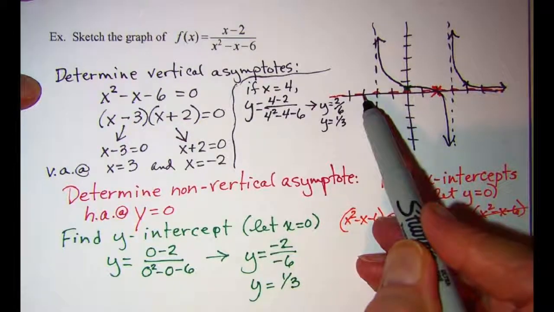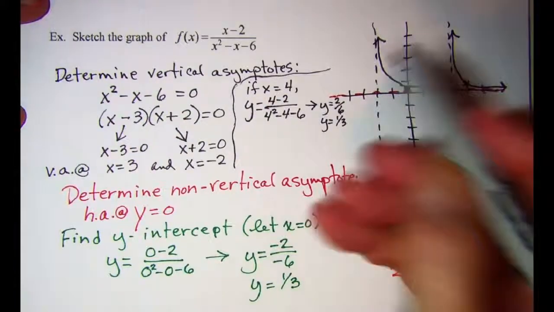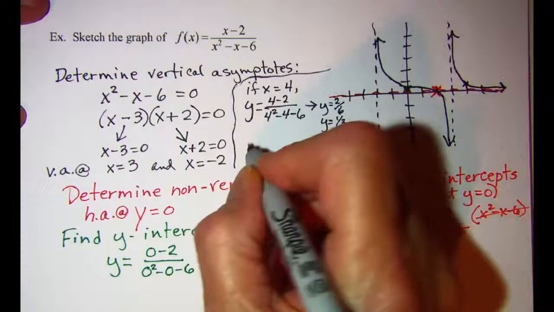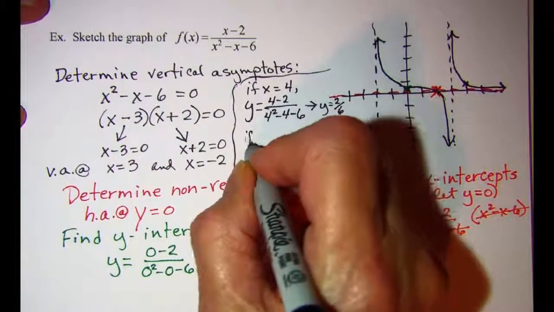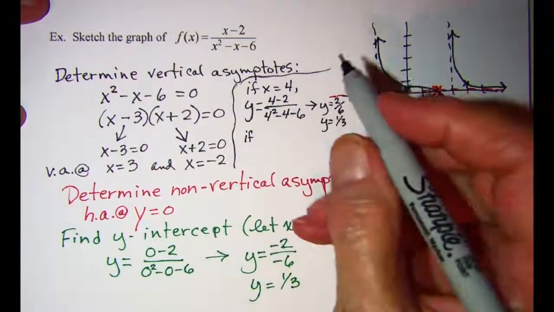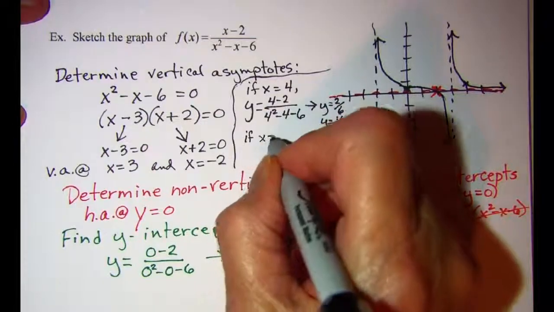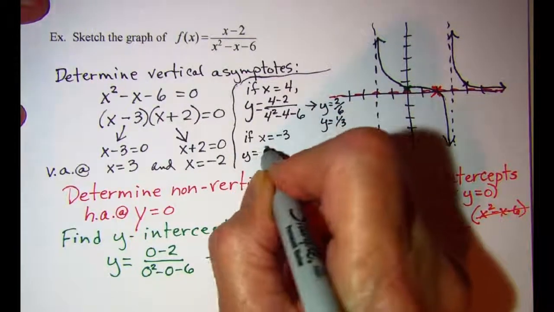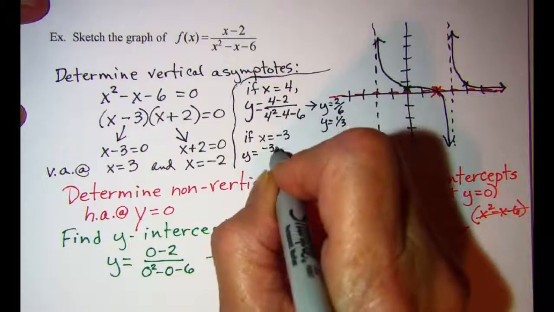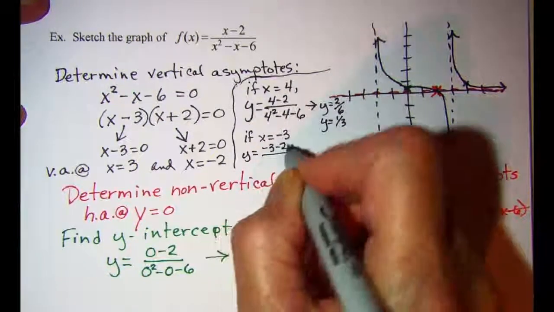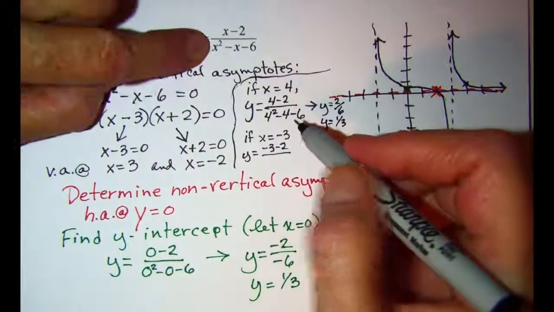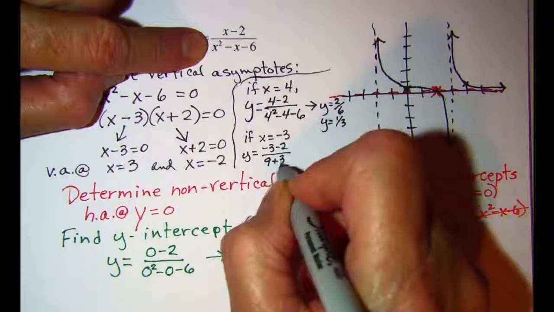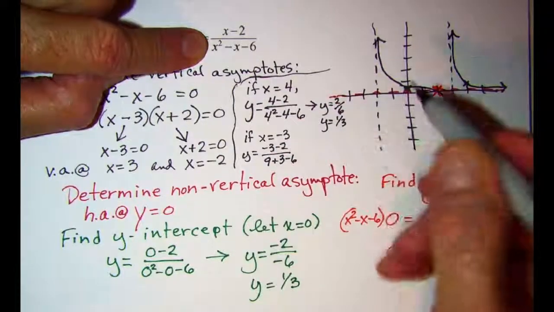Let's do the same thing. We'll put x equal -3 into our equation. We have y equals -3 minus 2 over 9 plus 3 minus 6.